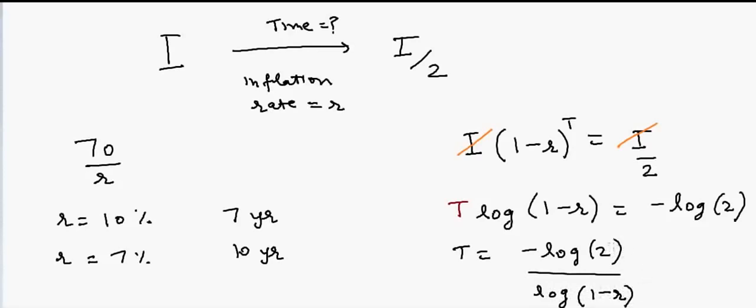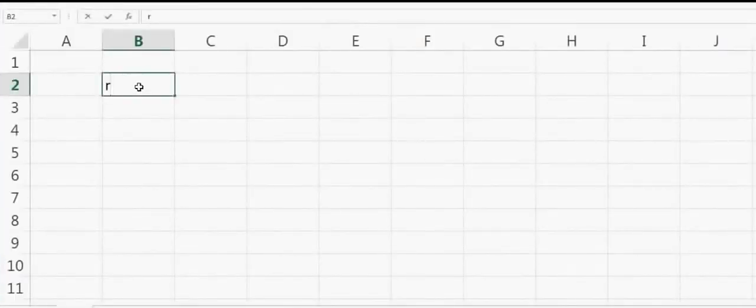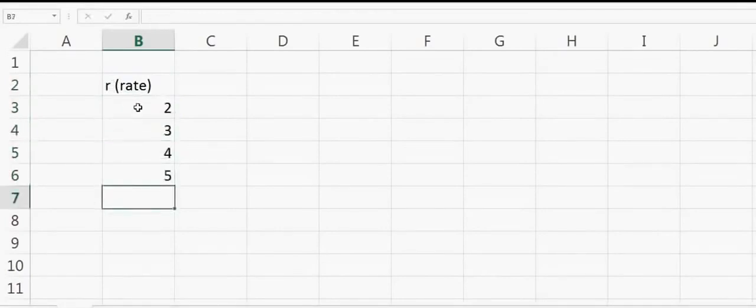So instead of doing this complicated calculation, we can use this trick. But let's do this complicated calculation in Excel and see how this trick was made. So let's go to Excel, and suppose we have an interest rate, which is not the interest rate, it's the inflation rate. So that is 2, 3, 4, 5, and we have different inflation rates.